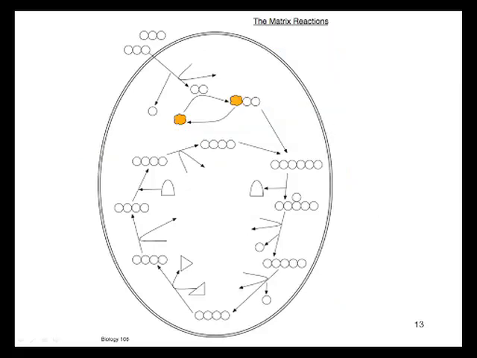So here again, the circles represent carbons. So we start with two molecules with 3 carbons each, and they're going to enter one at a time. So what happens is our first pyruvic acid comes in. It undergoes oxidation.